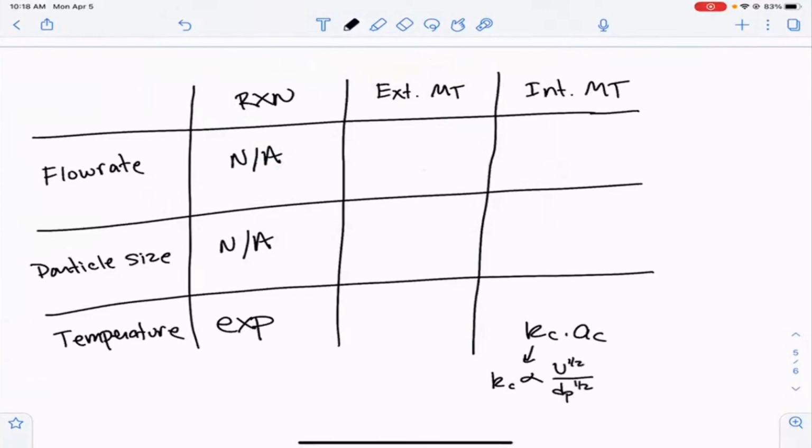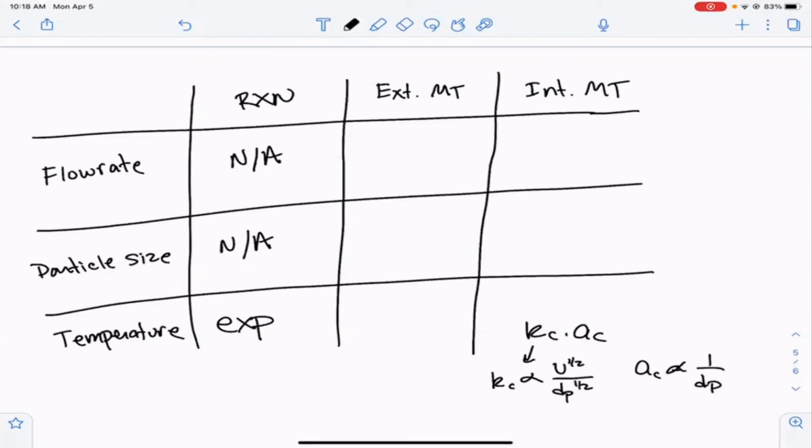And that derivation we did a couple of lectures ago. And remember, Ac was a form factor. And for spherical particles, it was 6 times 1 minus theta, the porosity, divided by the diameter of the particle.